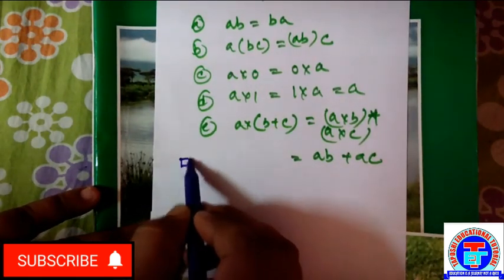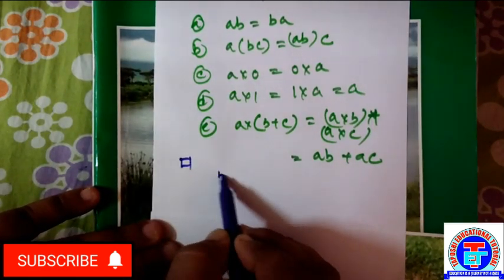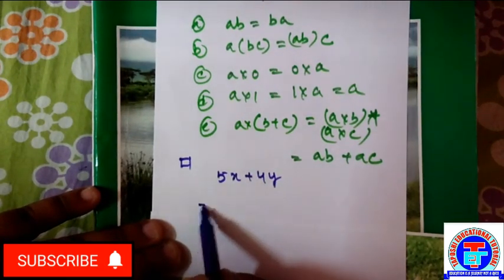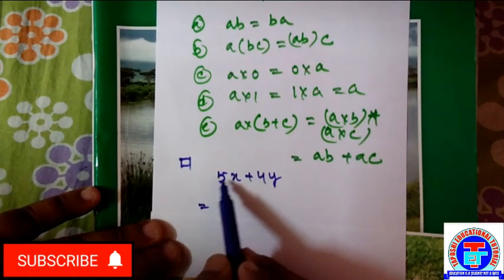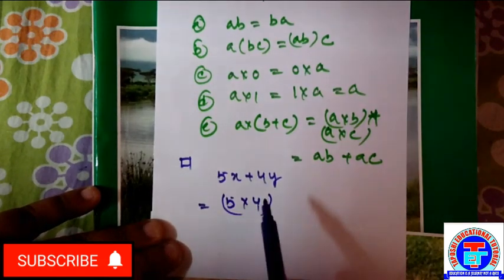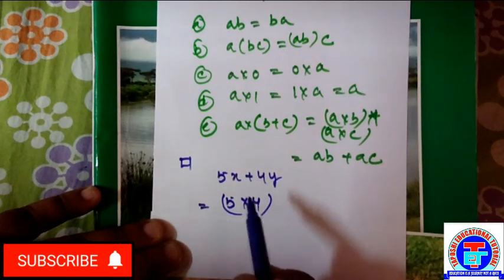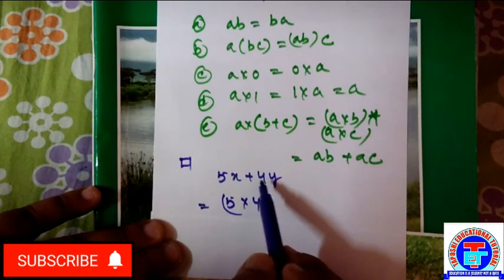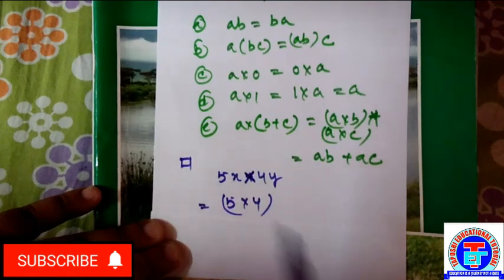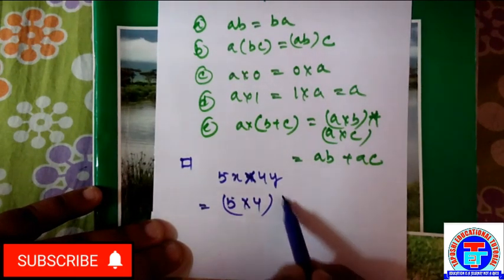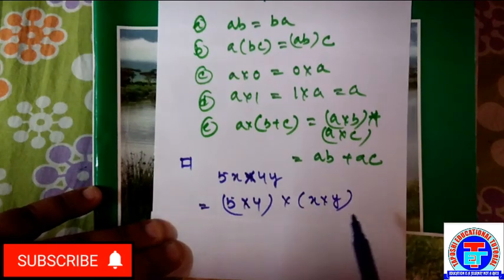Suppose we understand by the example, right? So here suppose 5x times 4y, right? So first we write the product of the numerical coefficients, 5 into 4, right? Then we write this one multiplication, 5x into 4y, 5 into 4, and then we write x into y, right?